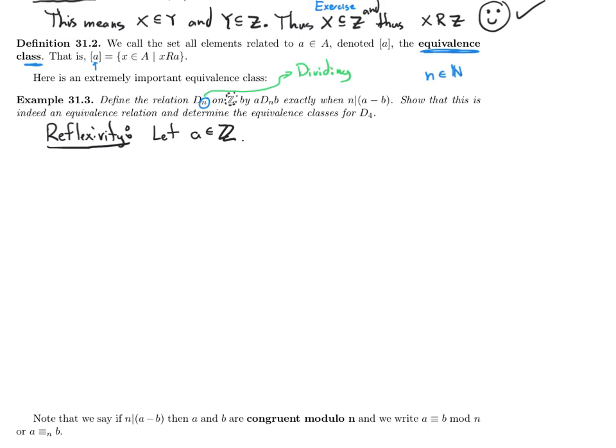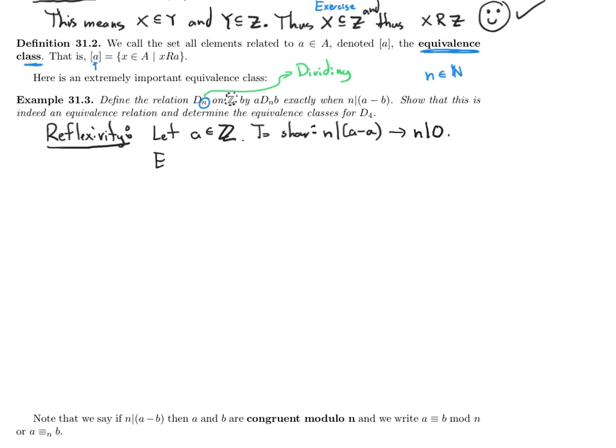Okay, so what do we need to show? We need to show that n is indeed a factor of a minus itself, a, which is the same thing as saying that n is a factor of 0.